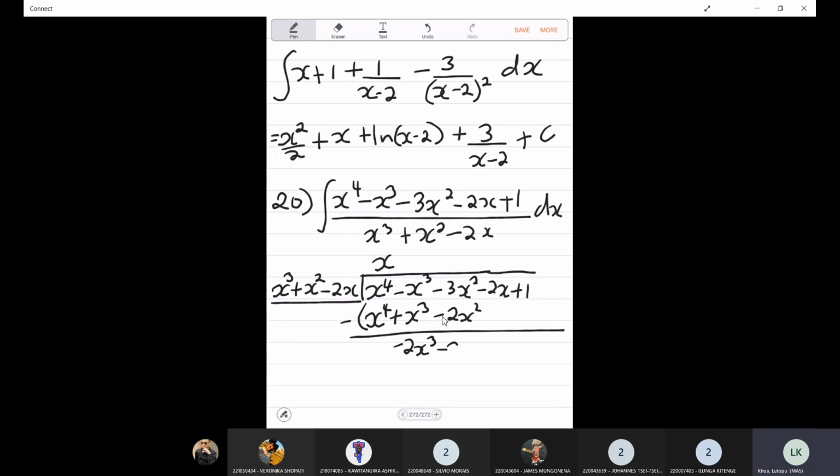So we have minus x squared, and then the other two terms just come down. Then here the degree is not less than that one, so we must continue again. You only stop when the degree you have here is less than what you have over there.